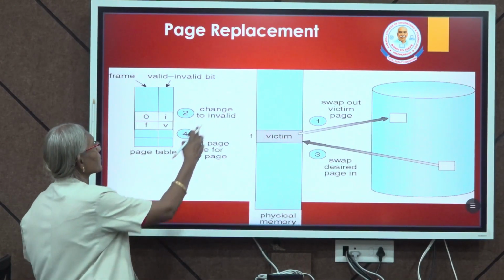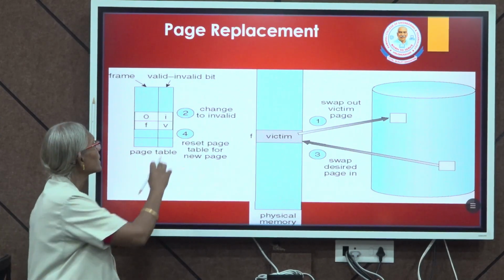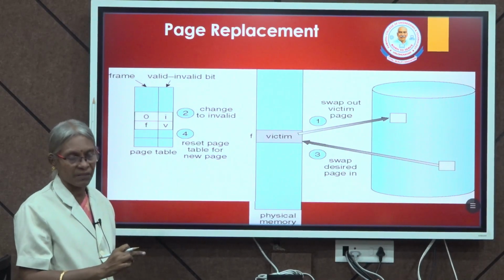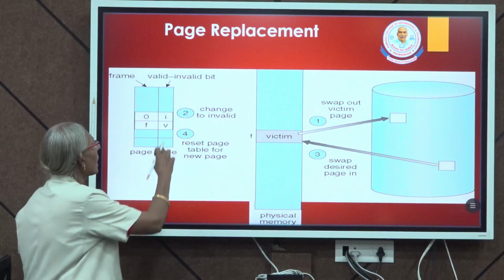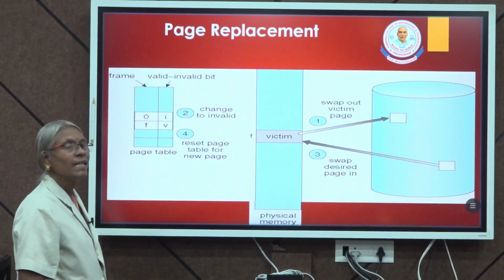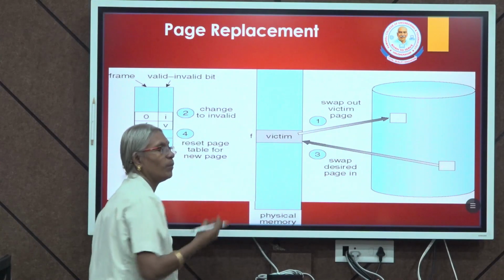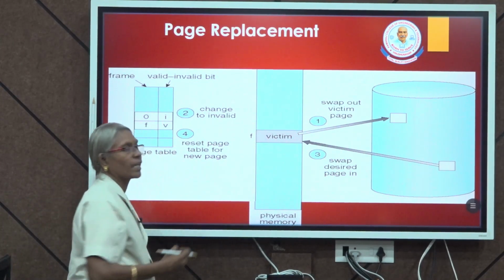Then in the second step, the validity of that particular page is now marked as invalid. Previously it was marked as valid. So, now after swapping out, it is marked as invalid. That is the second step. Then the third step, the new page will be moved to this particular location in the physical memory.